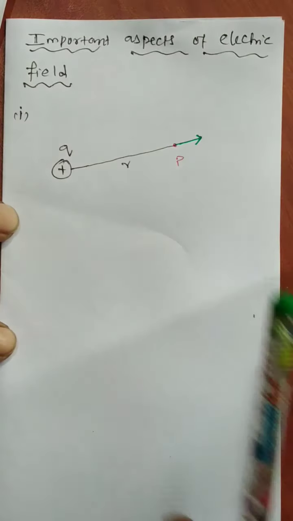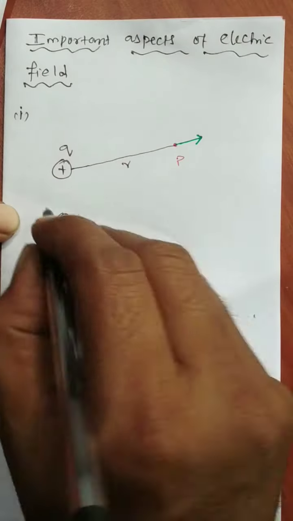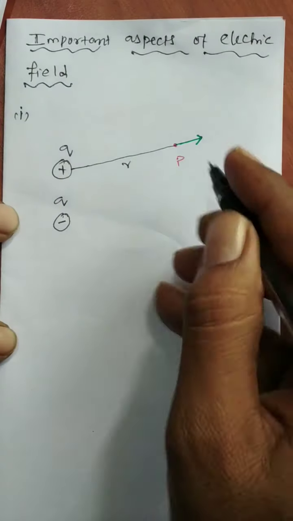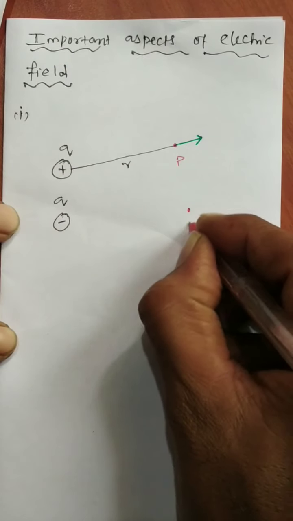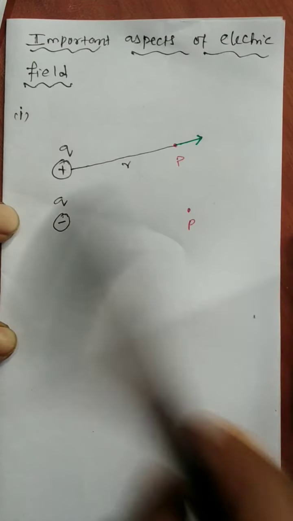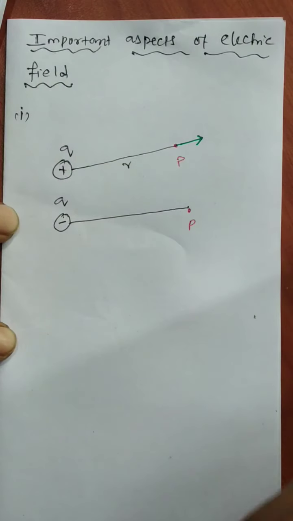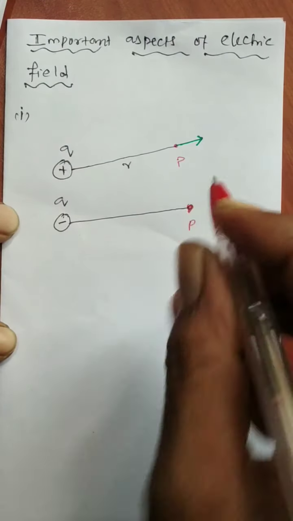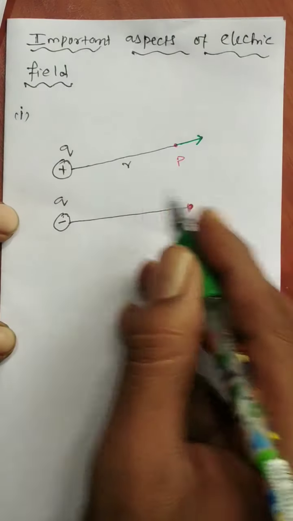Suppose if you take the negative charge Q here, you can consider the same point P. So what happens is, here there is a negative charge, means the electric field will act in the inward direction.